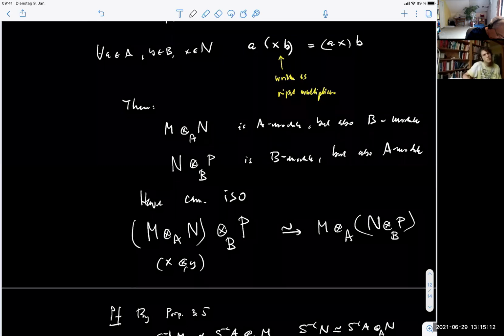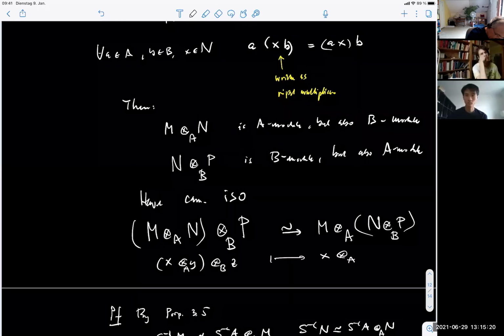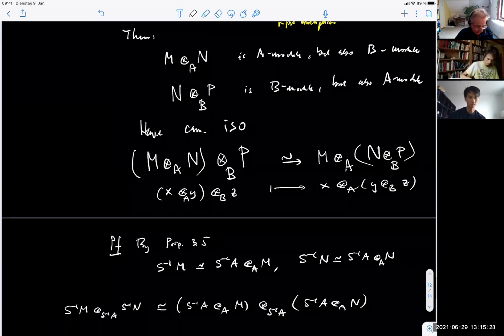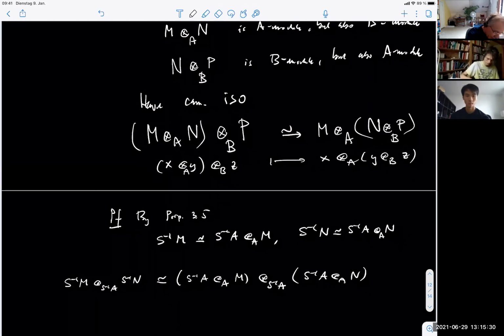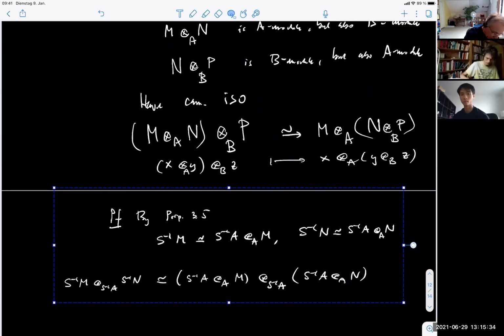Okay, maybe I'm pedantic and put here an A and here a B. This is mapped to x tensor. This is the map. Okay, I don't want to go into the proof.